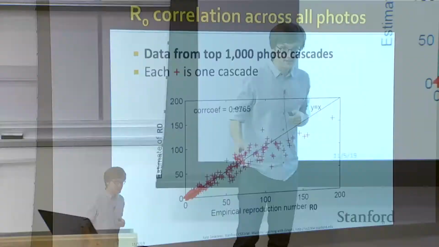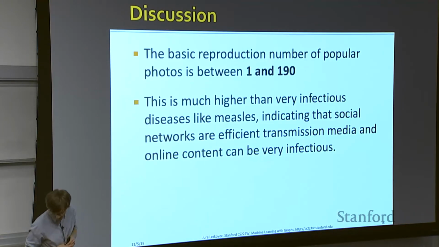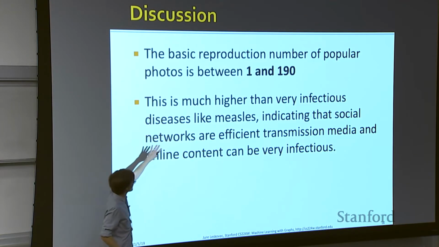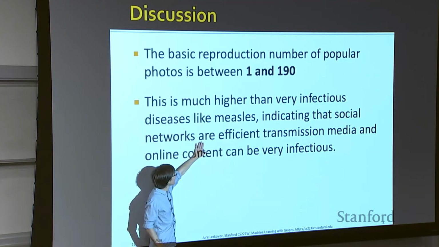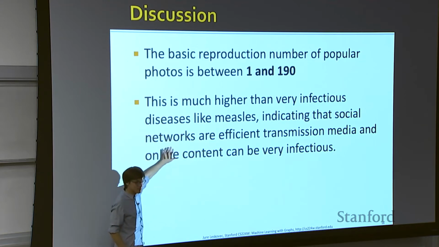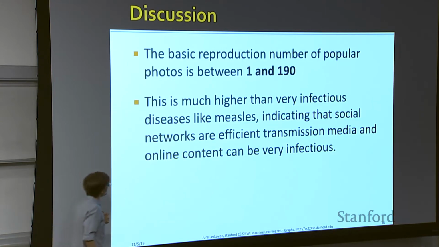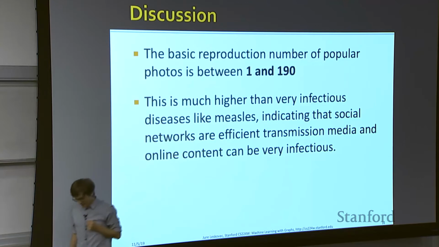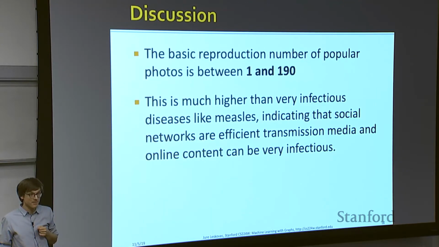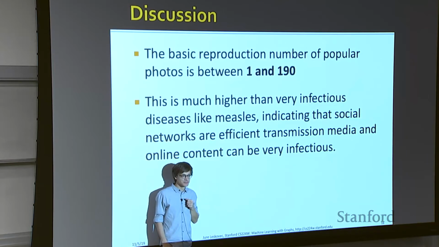That's one of the explanations for why this is happening. And as I said, it's much higher than measles, which also indicates that online social networks are quite efficient at transmission of media and information through their structure. That is also very interesting to think about in terms of, let's say, what's happening with Facebook these days. Okay, so this is what I wanted to say about R0.